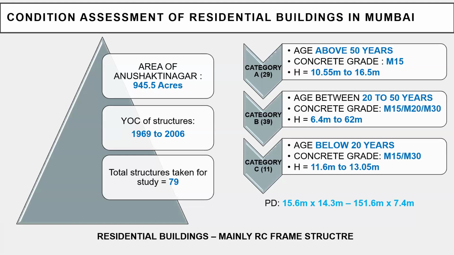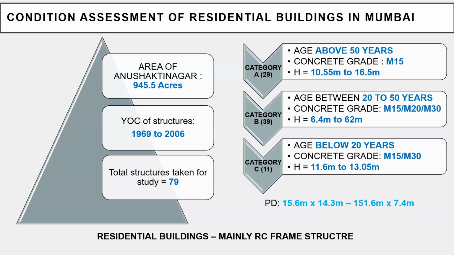Depending on the age of the structures, we have divided these 79 structures into three categories. Category A has 29 structures, with age above 50 years, and the grade of concrete originally used is M15, with heights varying between 10.5 meters and 16.5 meters above ground.